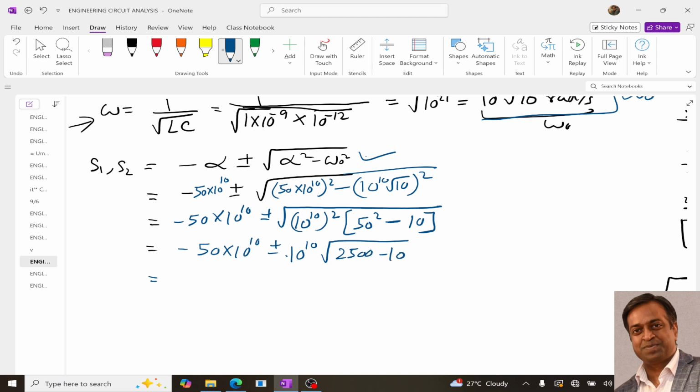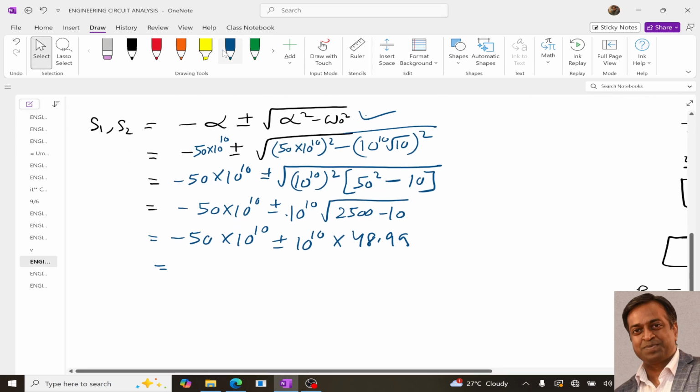If you solve this, you will get 48.99. So you will get two values.